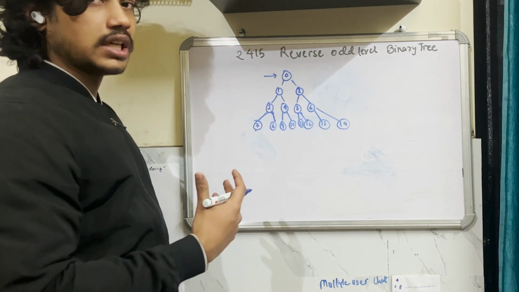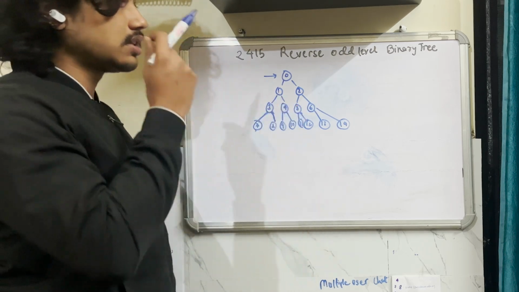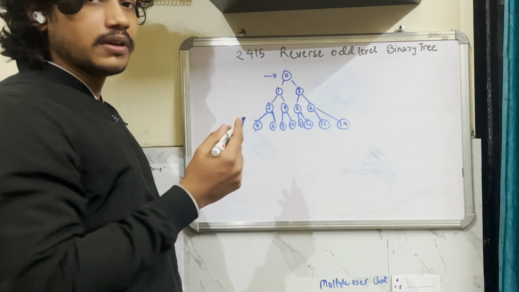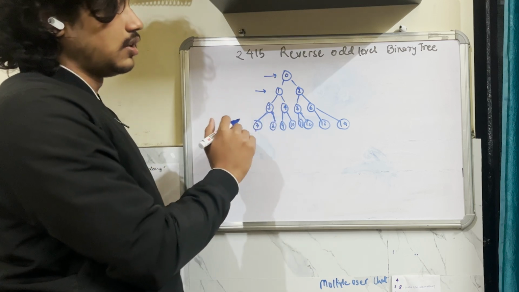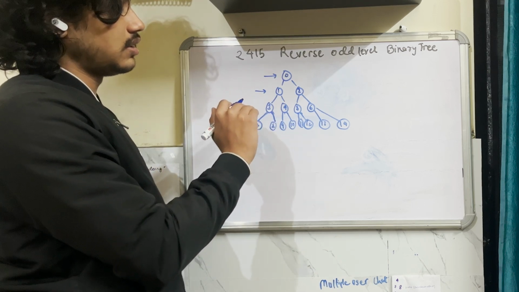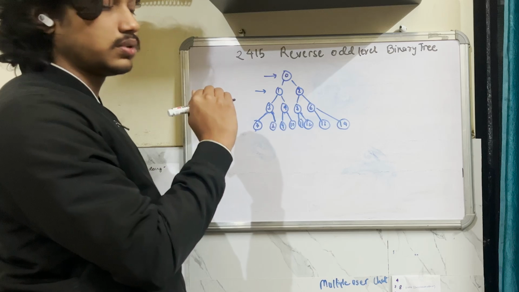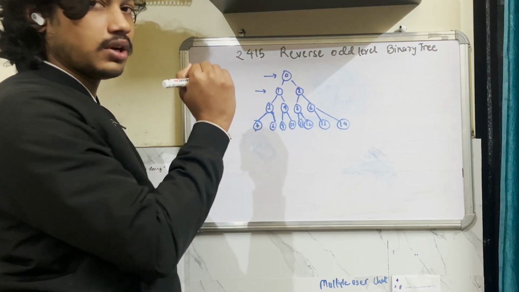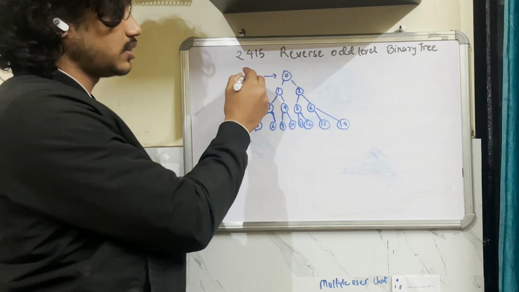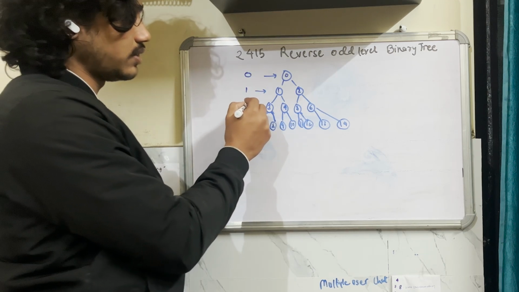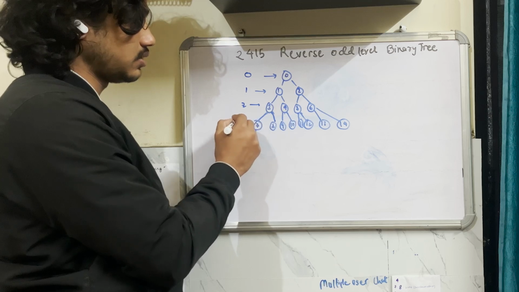Then what this question is asking is to reverse the odd levels of the binary tree. You can look at this tree as levels, like the different floors in your house. This is your zero floor, this is your first, this is your second, and this is your third.